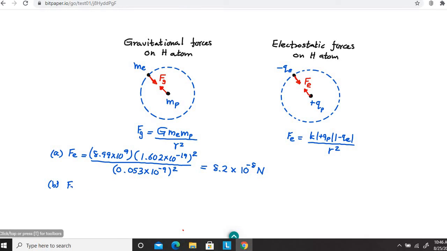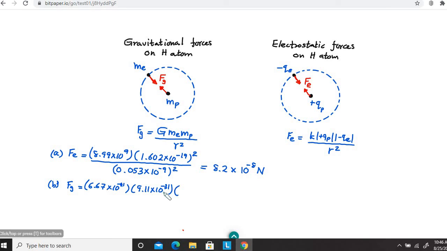So that is Fg. So big G is 6.67 times 10 to the power minus 11. It's a very small value. Multiplied by the mass of the electron, which is 9.11 times 10 to the power minus 31. Remember, those are kilograms.